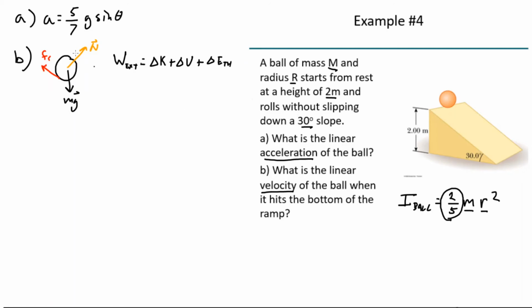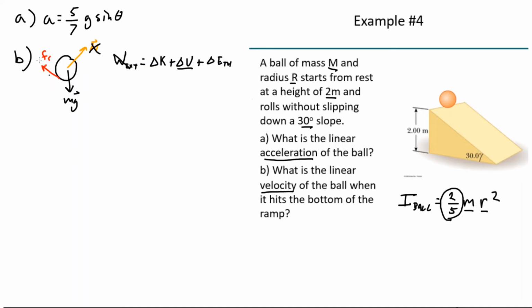Okay, well, normal force doesn't do any work, so we don't have to worry about the normal force. mg acts as a source of potential energy, and the static friction force, well, it doesn't do work because it's not actually moving the ball.